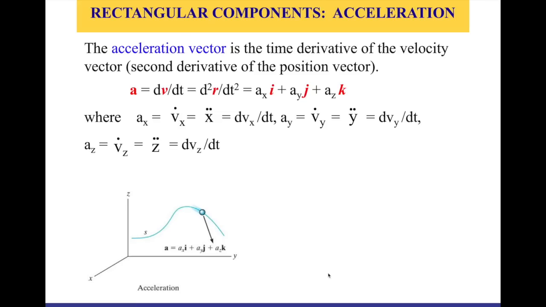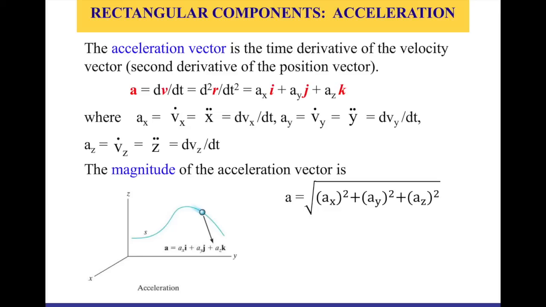How about acceleration? Same thing. The acceleration is a vector. It's the time derivative of the velocity and the second derivative of the position. If you have x, y, and z as functions of time, the first derivative is the velocity, and the second derivative is your acceleration.